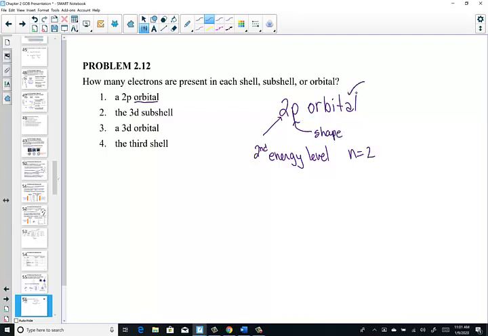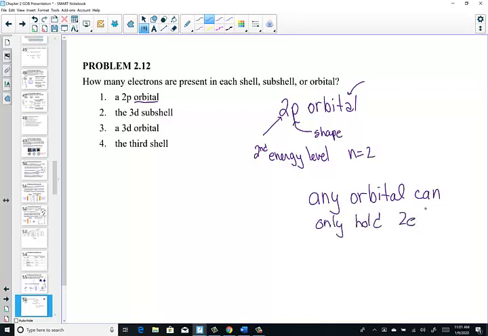But this key term here, an orbital, that's the only word that pertains to this question, because any orbital can only hold 2 electrons, and they'll be opposite spins. If one is spinning clockwise, the other is spinning counterclockwise, again, to reduce repulsive forces of the like charges.